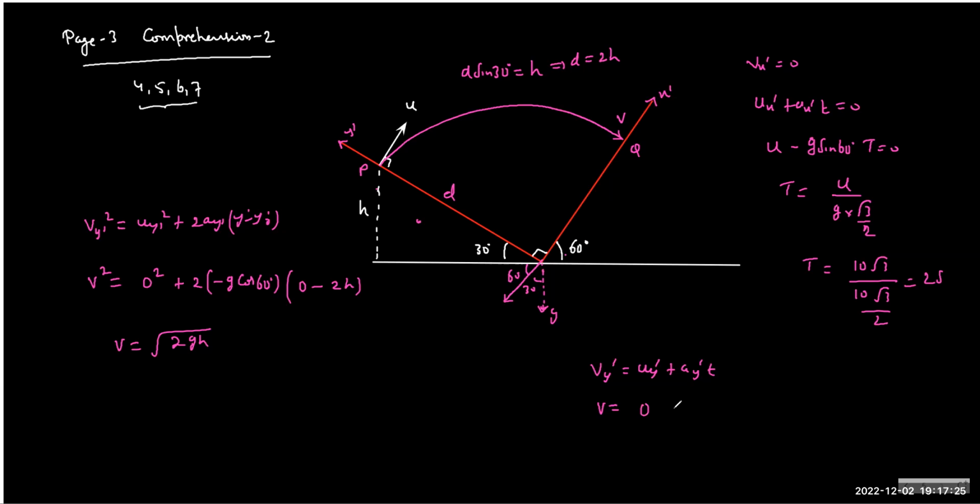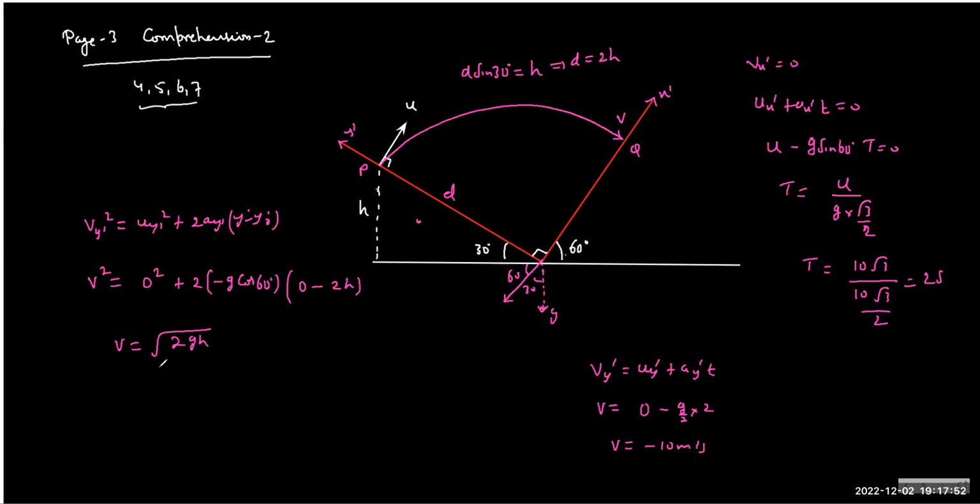Uy dash is 0. What is Ay dash? Tell me, guys. Ay dash is minus g sin 30, right? Yes, sir. Minus g by 2, and time we know now. This is 2. So V is minus 10 meter per second. That's simple. This is 10. I hope you got this answer also, right?